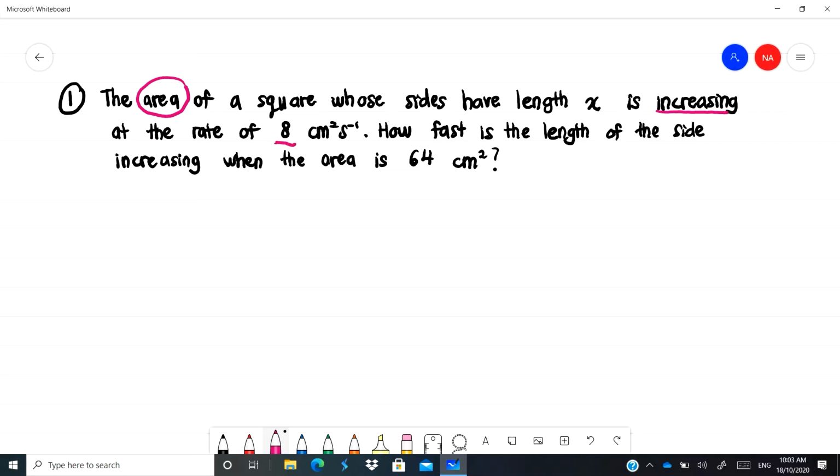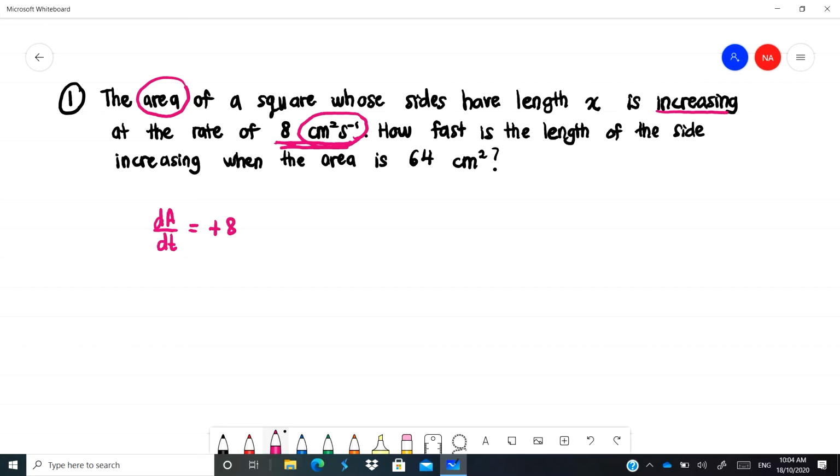Another alternative to determine whether it is the area or the change of side, we can look at the unit. The unit is cm squared, which is the area, so we can take out the information that dA over dt is 8. We know it is increasing, so it should be positive 8.